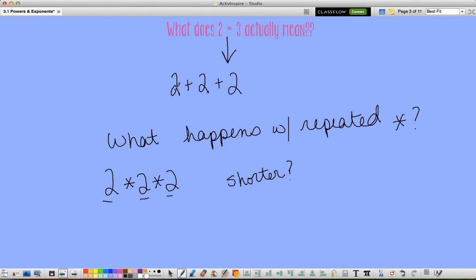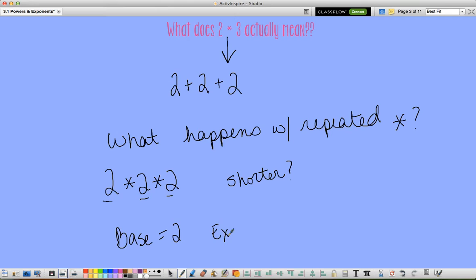Because if we had 2 plus 2 plus 2 plus 5, we couldn't say that that's 2 times 4, because that 5 is actually different. So we have 2 times 2 times 2, which is repeated multiplication because you're repeating the same number. So our base is going to be 2 because that's what's being multiplied.